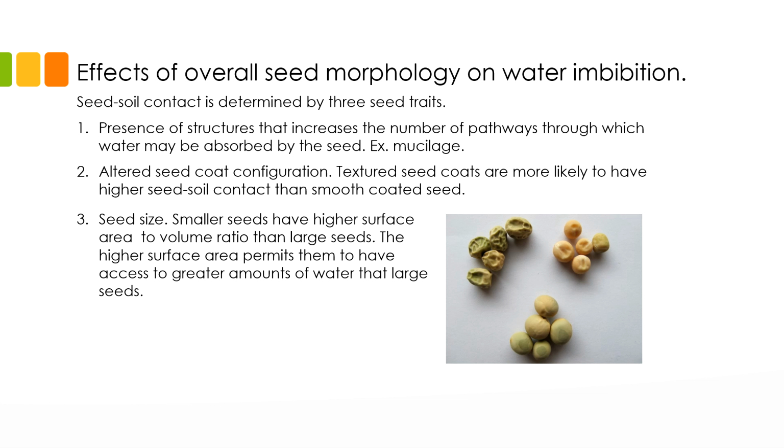Number two is the altered seed coat configuration. Textured seed coats are more likely to have higher seed-soil contact than smooth-coated seeds. And lastly, we have seed size. Smaller seeds have higher surface area to volume ratio than large seeds. The higher surface area permits them to have access to greater amounts of water than large seeds.